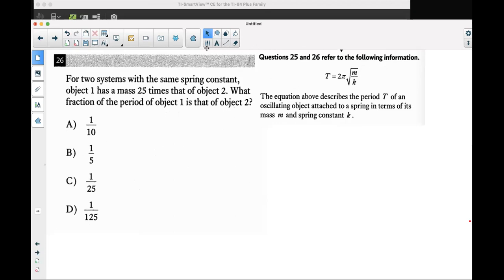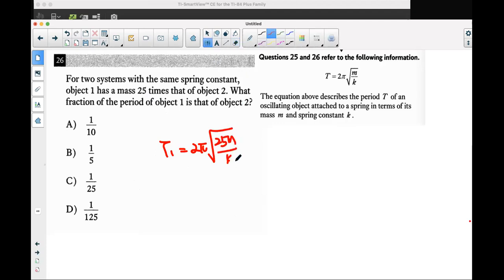So when you think about it, let's talk about it, guys. For the first one, 2 pi square root of m over k. In fact, object 1 has 25 times the mass of object 2. So instead of writing down m, I'm going to write down 25m over k.